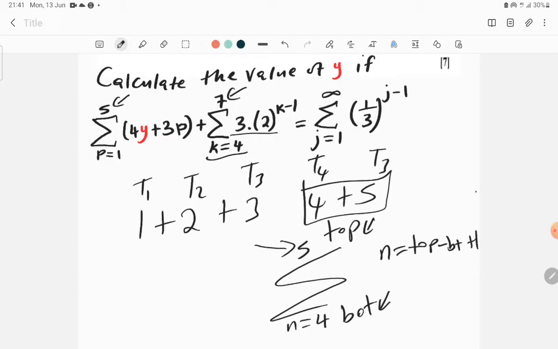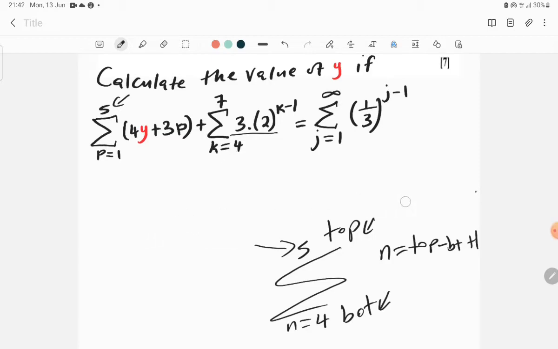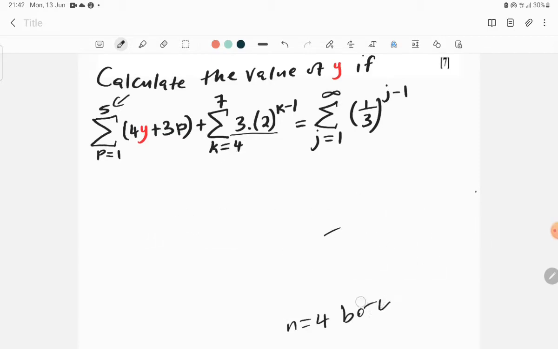Is it 1? If it's 1, then 7 is going to be the number of terms. But if it starts with another value, then you have to consider something else. So that's the situation. So let's move to the actual answering of this question, what it has and what it has for us.